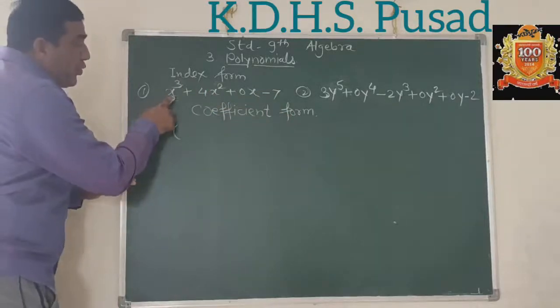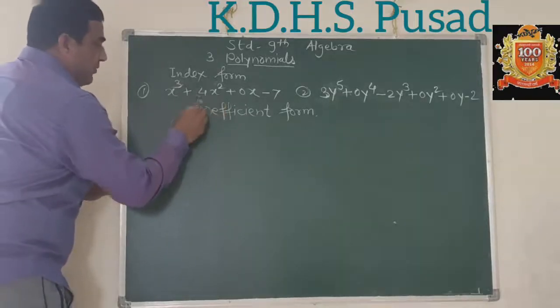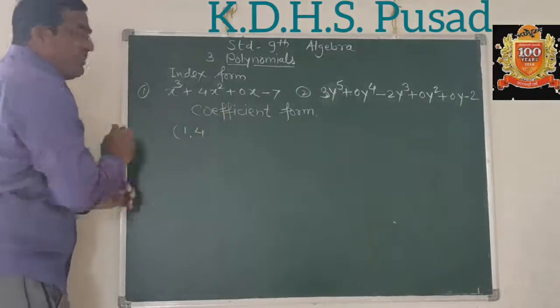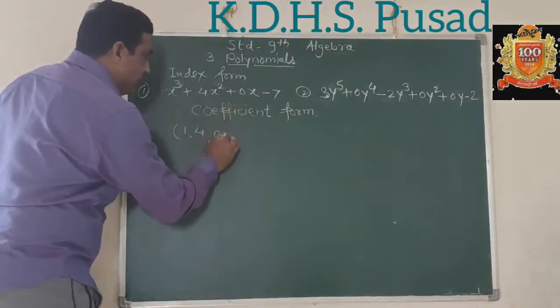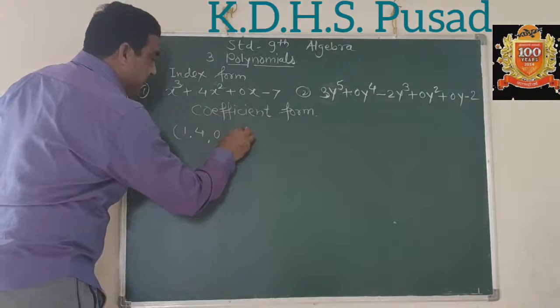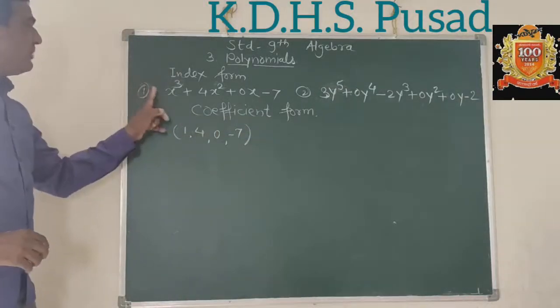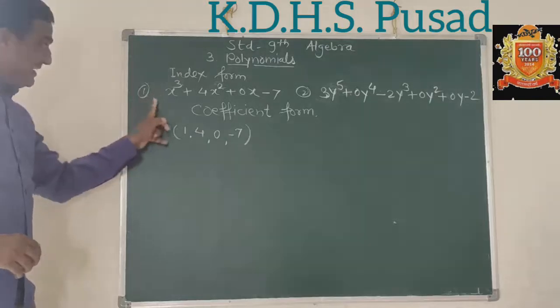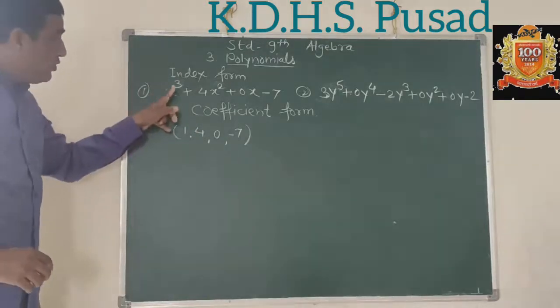For the coefficient of x cube, that is 1. So 1, then comma. Here 4. There is no need to write the plus sign. So 4. Then coefficient 0, and then that is minus 0. That is the coefficient form of this polynomial. That is index form, that is coefficient form. You have to write only the coefficients.